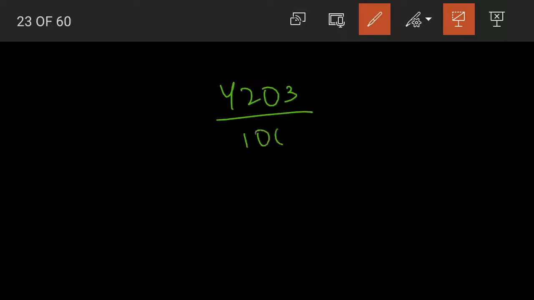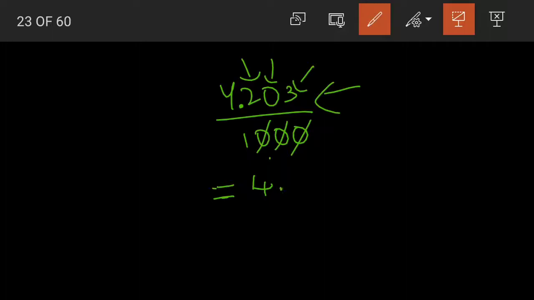How do we divide? There is no need to divide. We can simply put a point. Where to put a point? Count the number of zeros in the denominator. 1, 2, 3. So in the numerator, after 3 digits from the right, place your point.